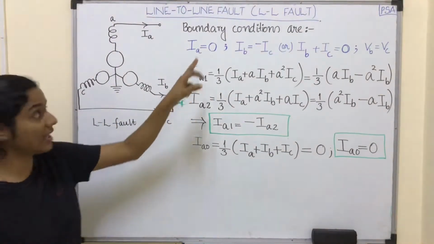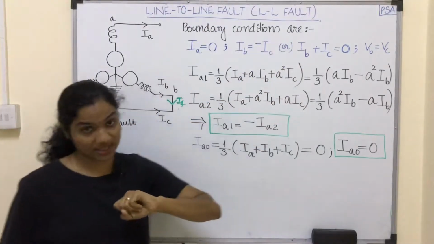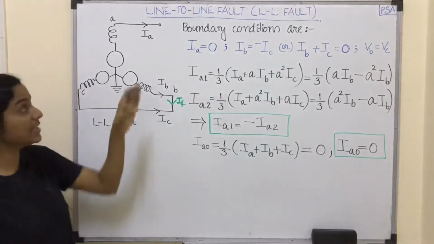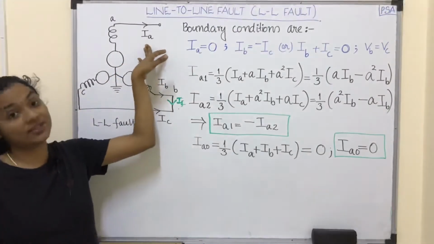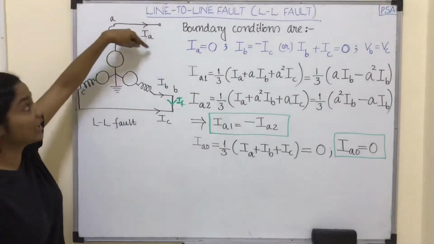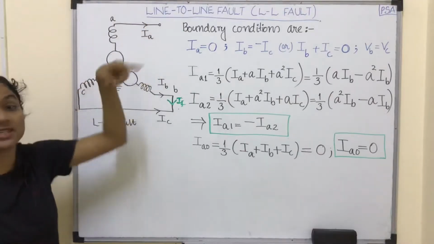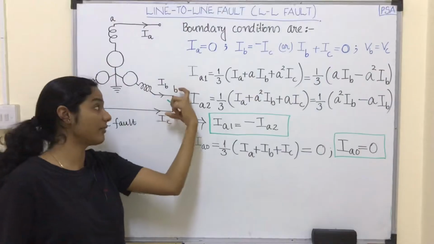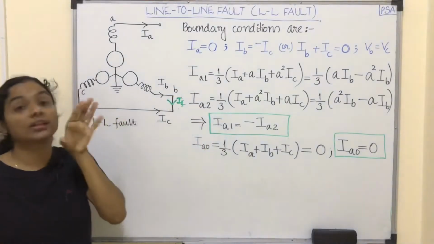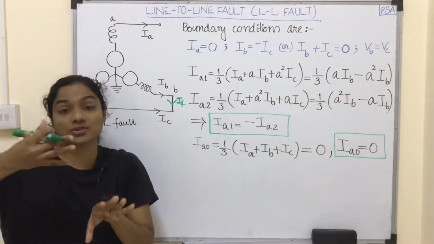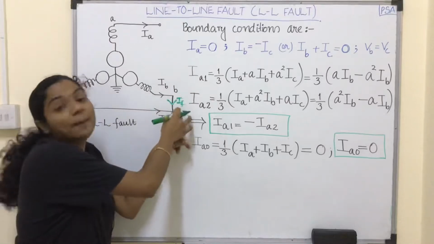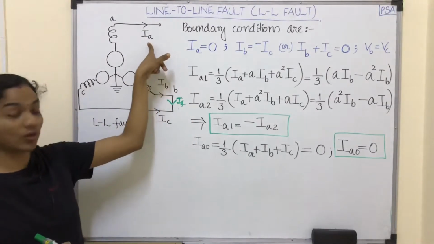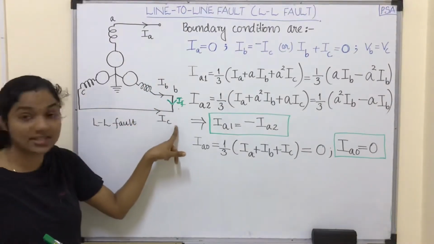Now we will see the boundary conditions. When we see the boundary conditions of the current, from the figure itself it is clear that the current through phase A will be 0, because the fault occurs across phase B and C, so most of the current will flow through this path only. So IA will be 0, and what about VB and VC?